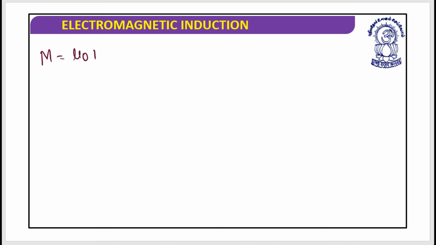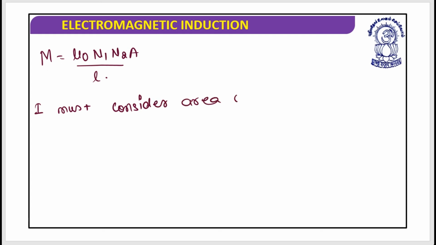Now let's discuss something. When I say M equals mu naught into N1 into N2 into area divided by L, I must consider the area of the lowest radius solenoid.